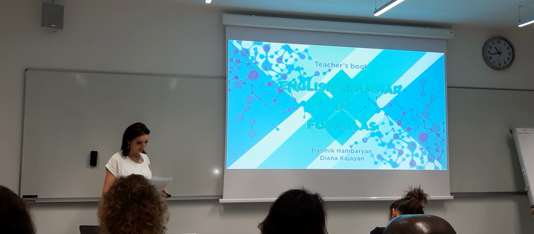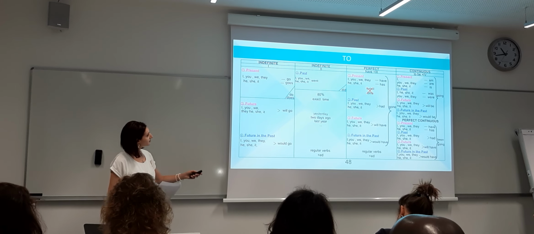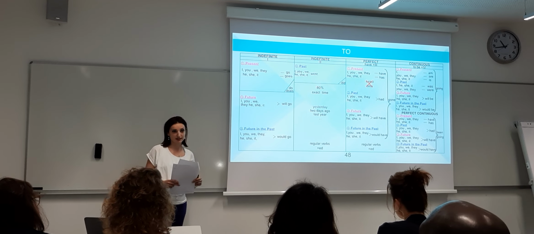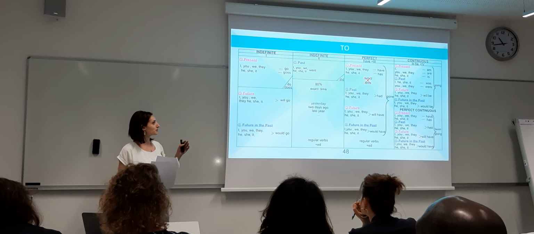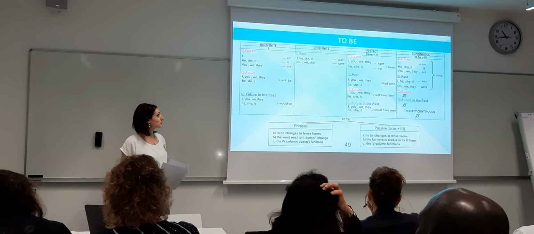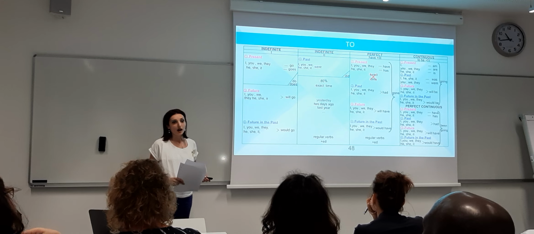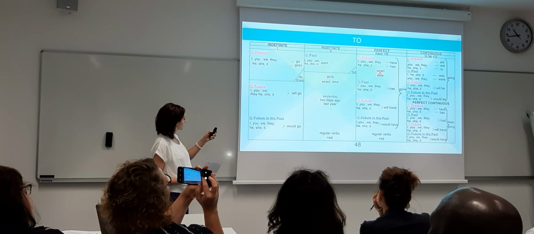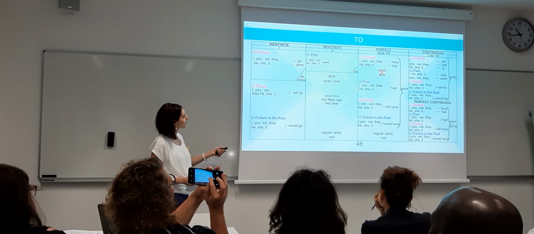So let's start. This is how the English verb is classified. We have classified it into two files, file 2 and file 2b. I'll be speaking about file 2. As you can see, there are 4 columns: first, second, third, and fourth.